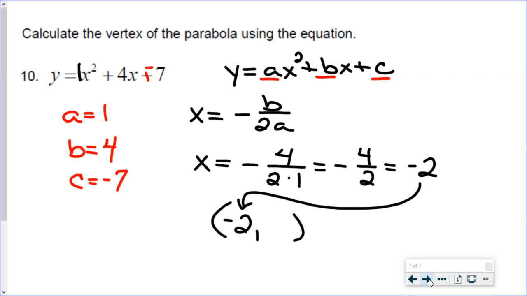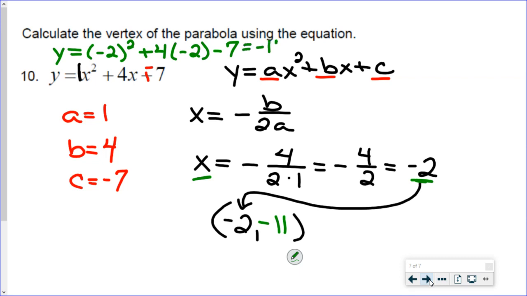Then I take out my calculator and substitute that into the equation for x. Up here, I'm finding my y. x is -2, so -2 squared plus 4 times -2 minus 7. I'm just substituting this in for x into my equation, and I put it in the calculator, and I get -11 for y.